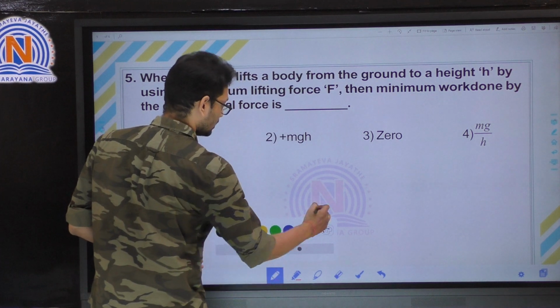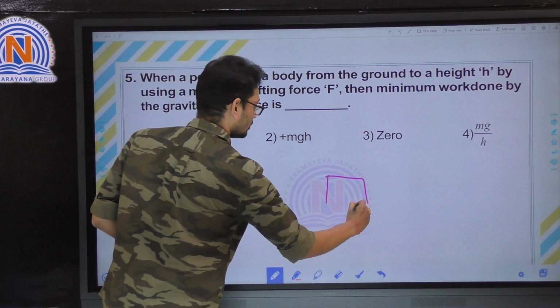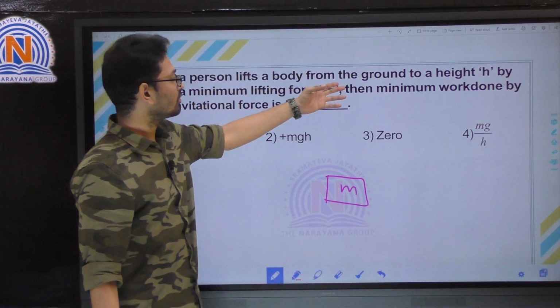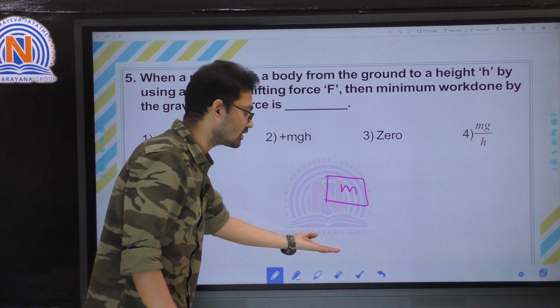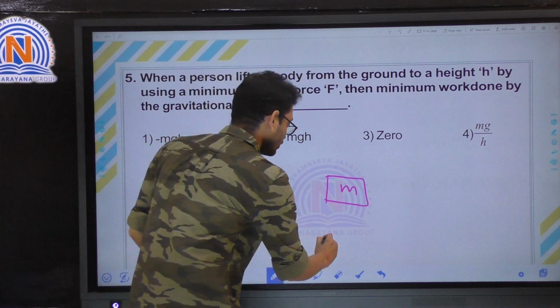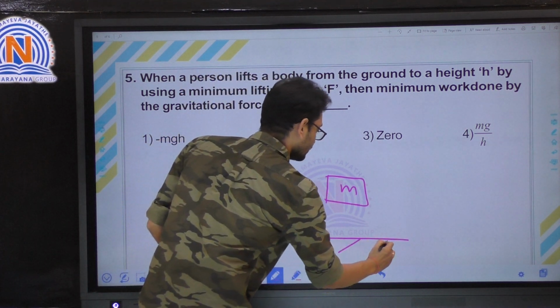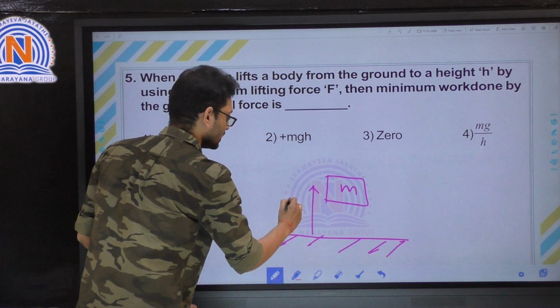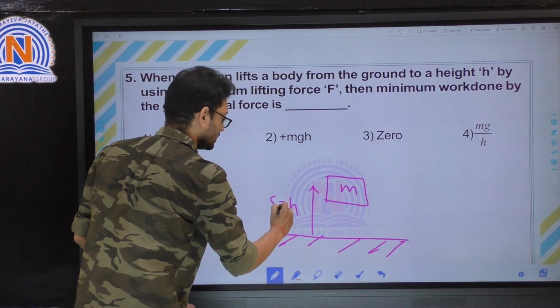Please make a note, everyone. So here you have a body of mass m. When a person lifts a body from the ground to a height h, let us take that he has already lifted it up to a height h. So the displacement over here is h.